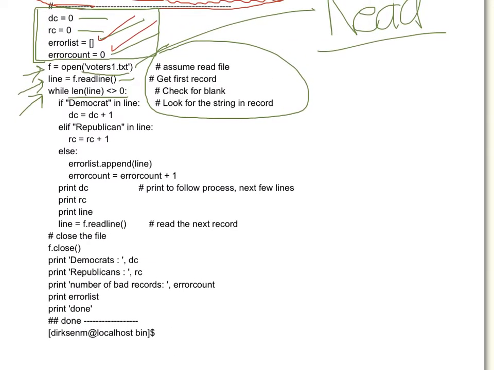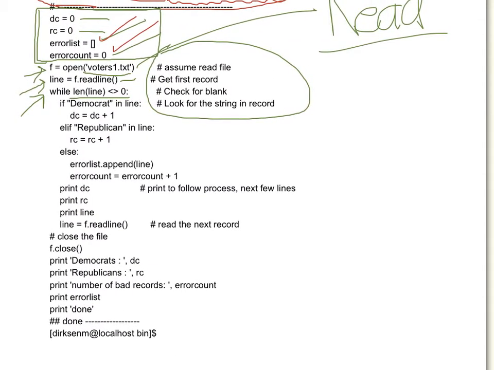So here is all of the code. So let's go through that. I'll use brown here to go through it. So open the file. Got the first record. It's not 0. Then we do our if then else here. Okay. If Democrat in line, now this is a variable, so it's going to look for this string in there.